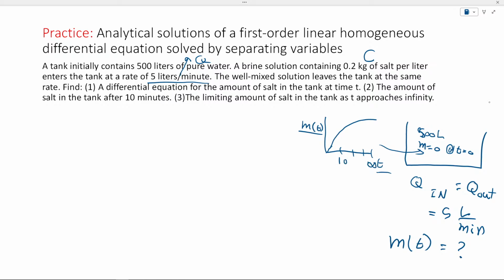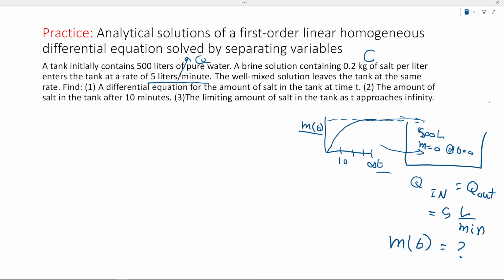And then the limiting amount of salt in the tank as time approaches infinity. From experience, from the previous example, that would be an exponential function that will reach a plateau like this. So what is this plateau basically?